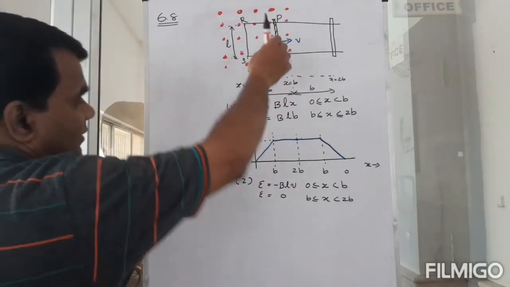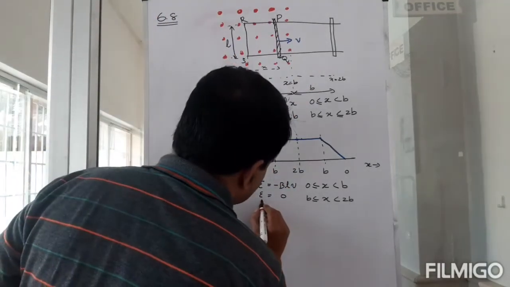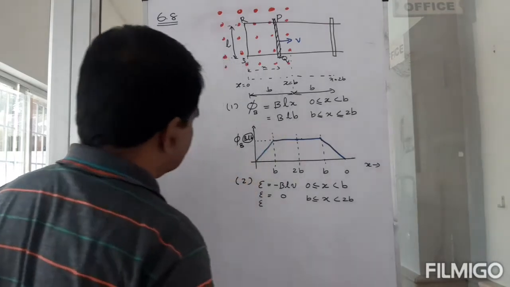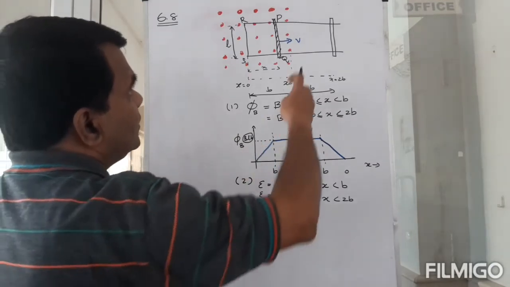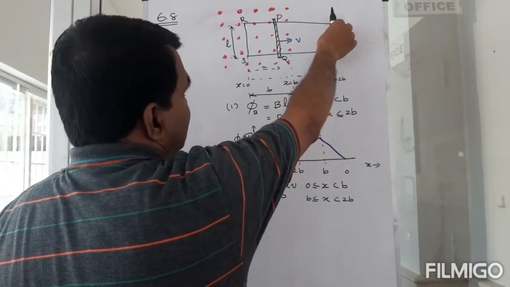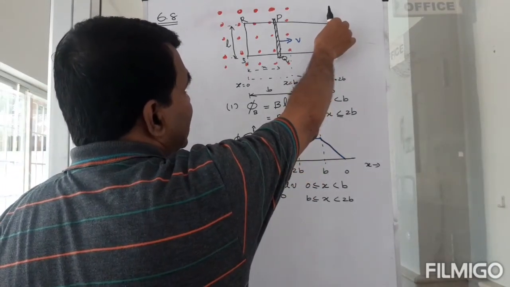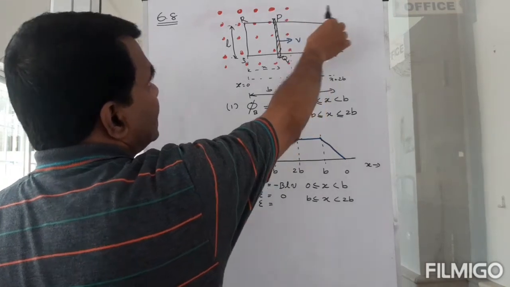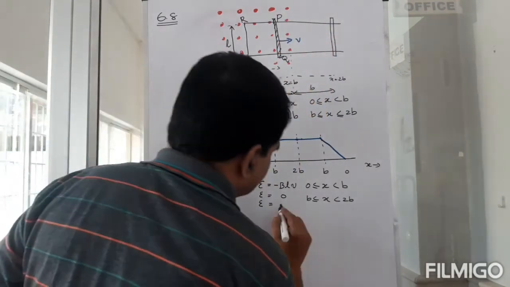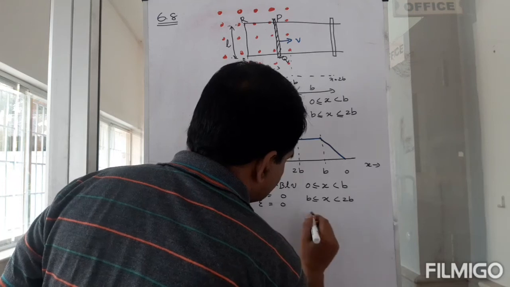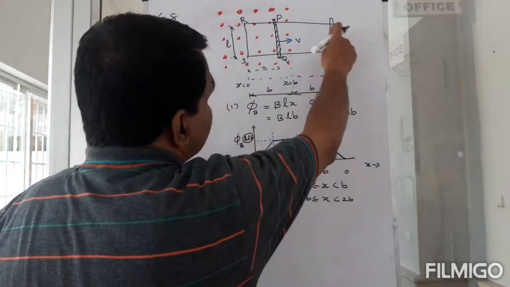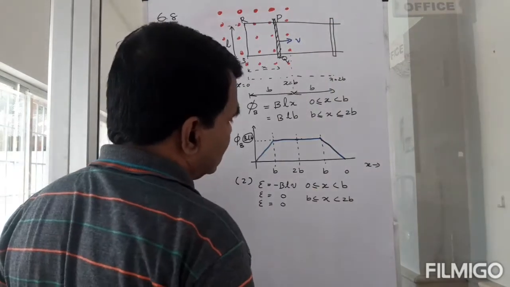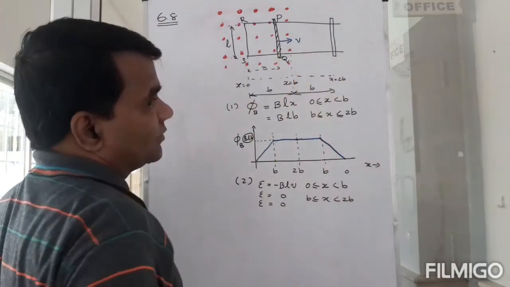And when you come back, as you come from 2B to B, the flux is still not changing.